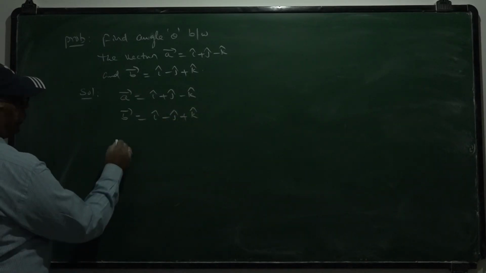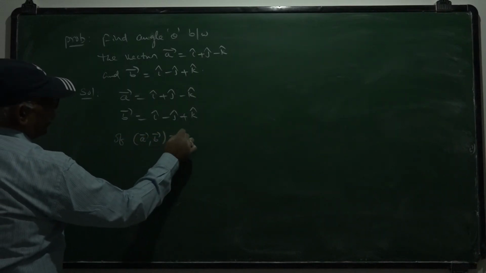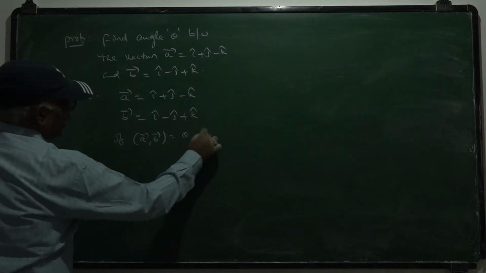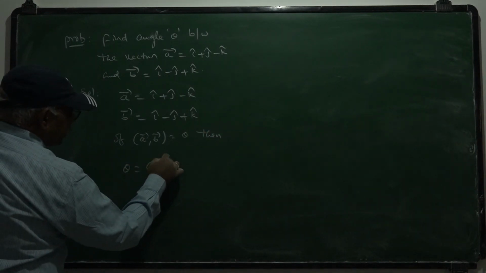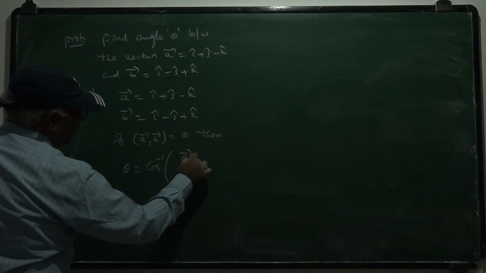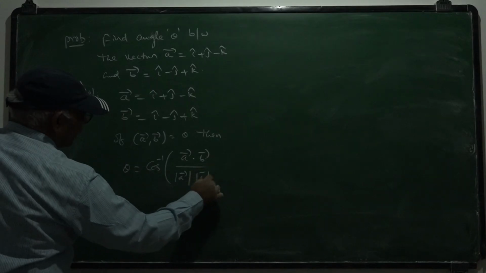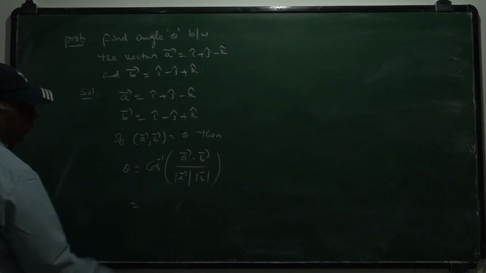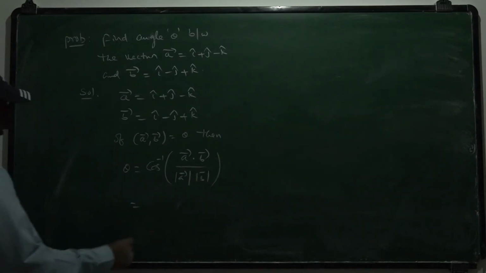So, if the angle between A and B is theta, then theta is cos inverse of A bar dot B bar by modulus of A bar modulus of B bar. This is the formula for finding the angle between two vectors.